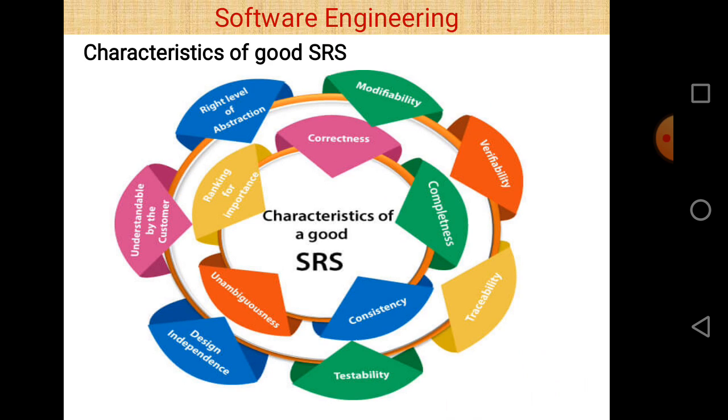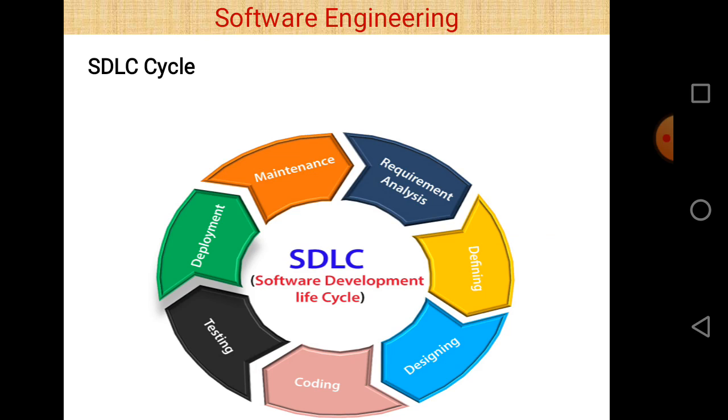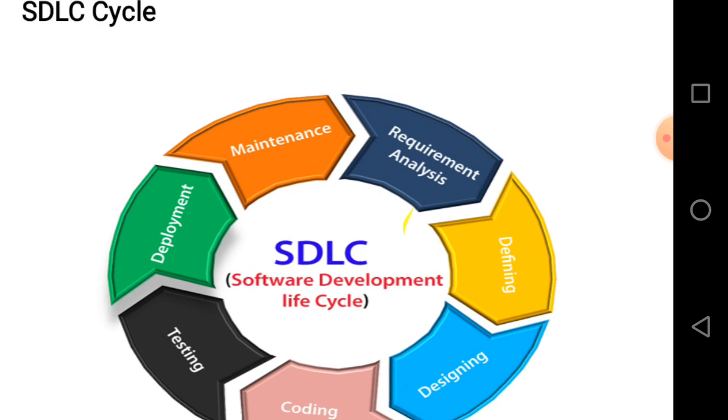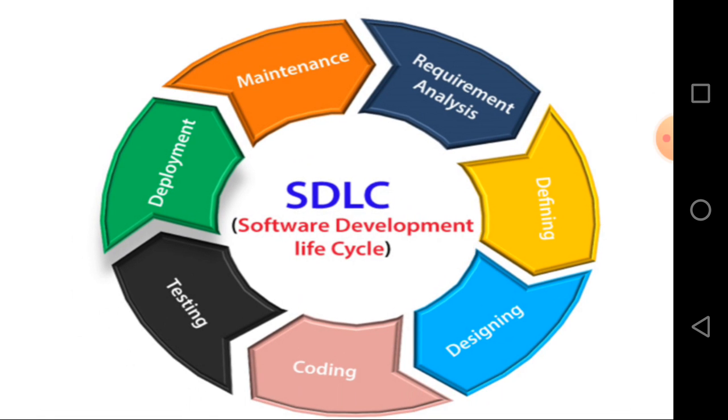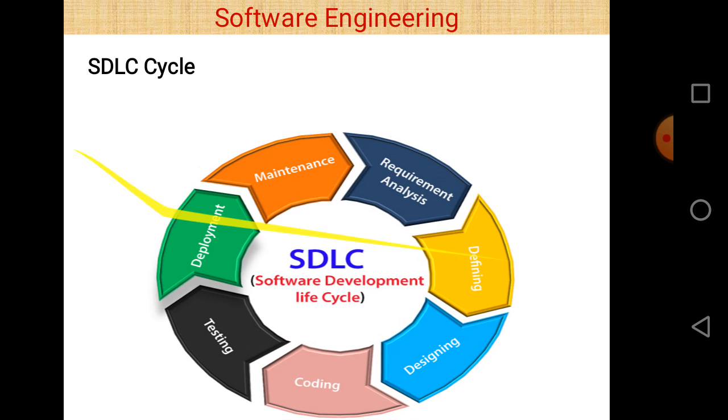Now the next slide. The next point is SDLC. SDLC stands for system development life cycle or software development life cycle. A software has a certain life cycle which should be followed to maintain good quality of software. This diagram represents the software development life cycle.